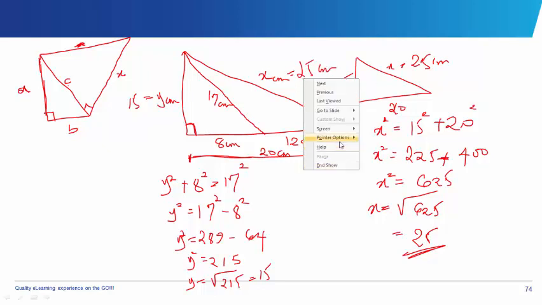Now let's take another example, the last example in this chapter, and that is a rectangle that is sliced diagonally. I have here Q. This is 4, 3, and here is 3, 4. Now I'm not going to solve this.